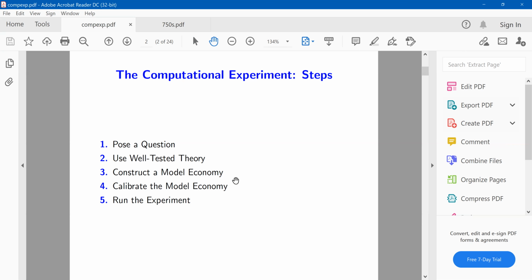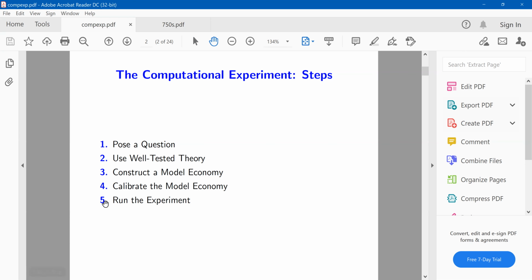And then, of course, the question becomes in the fourth stage, how do we know these parameter values, right? Because if you want to do some computations, we need some parameter values. I mean, we need these parameter values because we want to run the model, right? So this part is the fourth section when we calibrate the model economy.